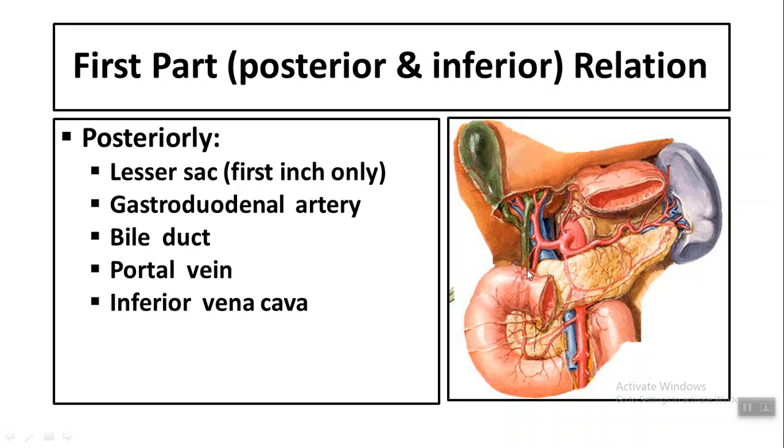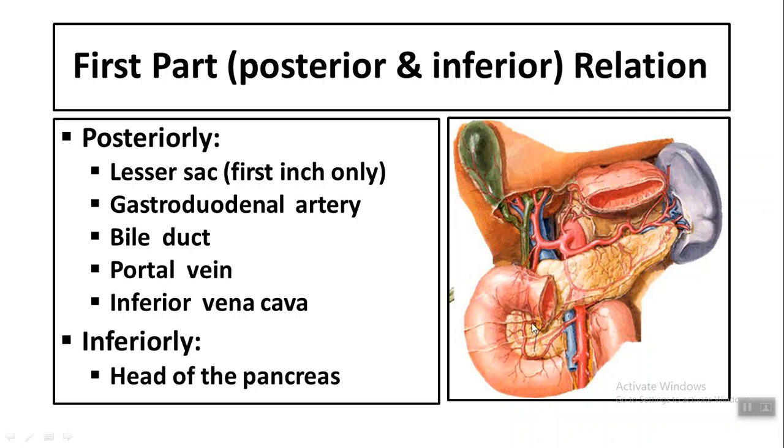The importance of this relation is that when there is a peptic ulcer in the posterior wall of the duodenum, it might erode the wall and reach this artery, and this artery might be involved by the duodenal ulcer. What is the inferior relation? We can see it is the head of the pancreas.